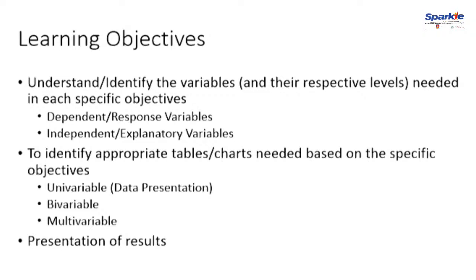So, when we talk about univariable, that is data presentation. You are presenting your data. And what do we normally use univariable analysis for? Sometimes to check the prevalence of a particular thing, to discuss the distribution of the categories of each variable, to also describe a particular variable, especially if it is numerical, and then also to clean the data.